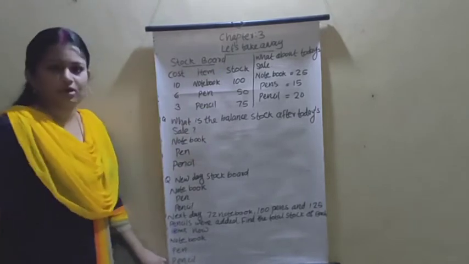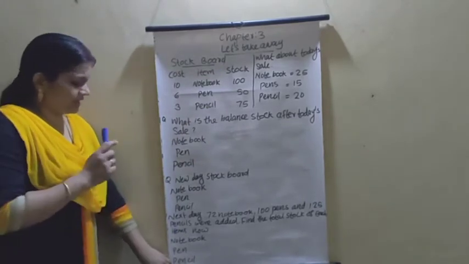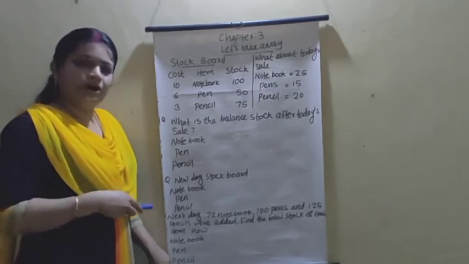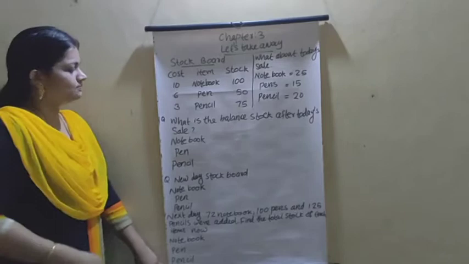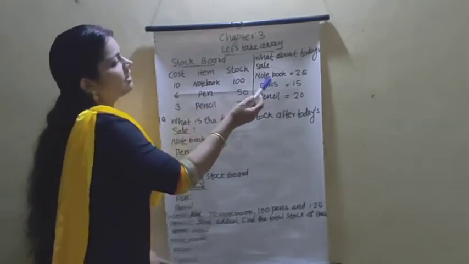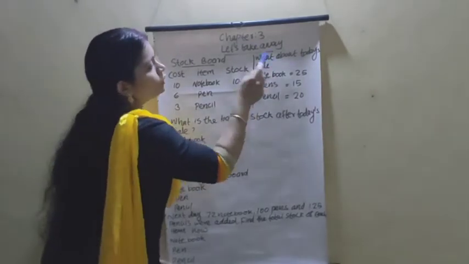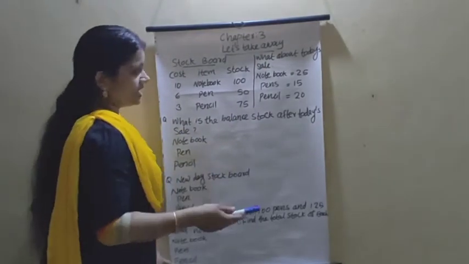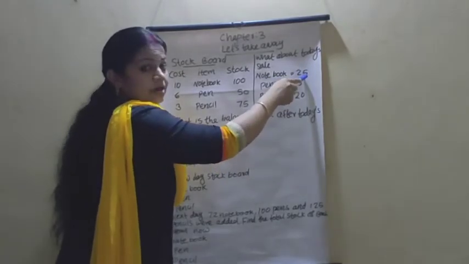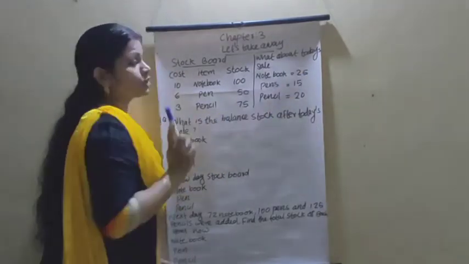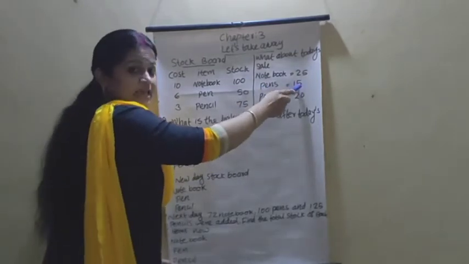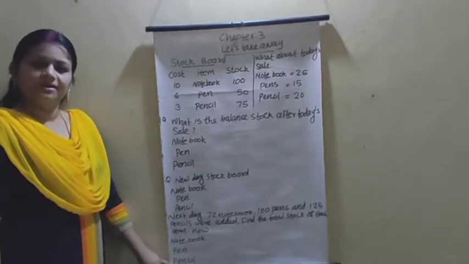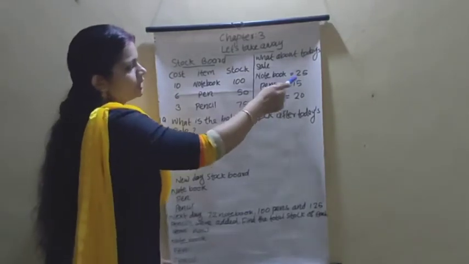Cost, item, stock. Okay, children, I will read first of all. You take your textbook and watch this video. Then the stock board, the first question: what about today's sale? Today's sale is notebook 25 sold, pens 15 sold, then pencils 20 sold.